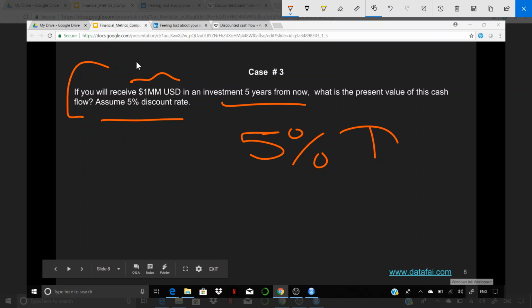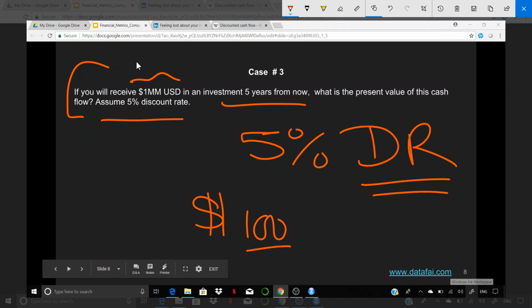So let me spend some time talking about what is a discount rate. If you remember in the previous video, when we talked about the future value of the money, we agreed that the money that is worth $100 now is going to be worth less than $100 as the years pass, right? Because of the inflation and so on and so forth.